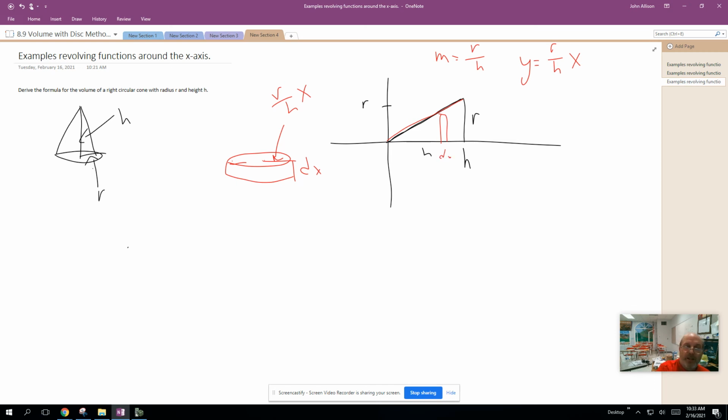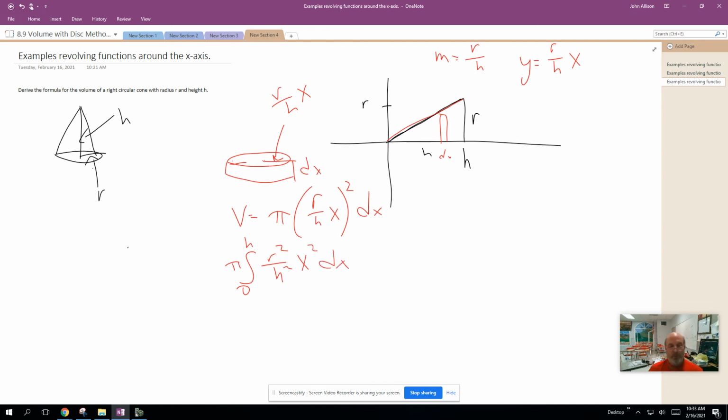So that means that the volume of this one cross section is equal to pi times the radius, which is r over h times x, squared, times dx. And I'm going to integrate that from 0 to h. So I'm writing pi outside again. Now I get r squared over h squared times x squared, times dx.